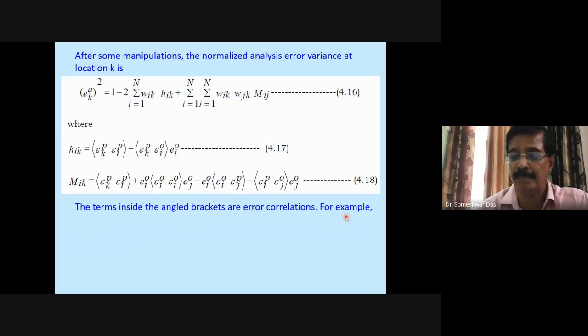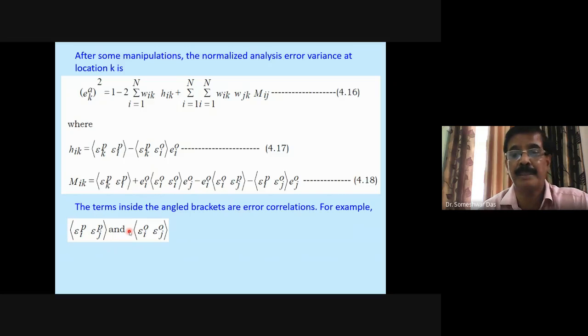For example, epsilon IP and epsilon JP, and similarly epsilon IO and epsilon JO, are the error correlations of the prediction at point I and point J. There is a correlation between prediction errors at point I and point J. And similarly, this is the correlation of observation between point I and point J. Here, the angle bracket is representing the error correlation.